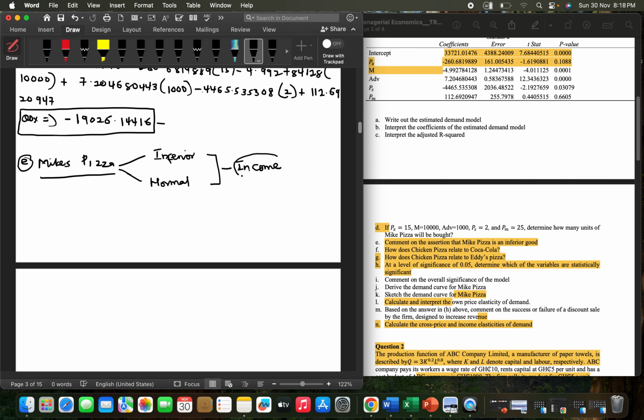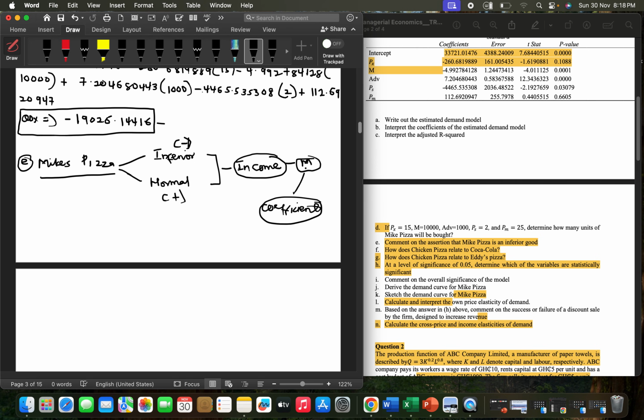Now with income, in the question, the variable for income was given as m. So I would have to check the coefficient of this m in the equation. If I check this coefficient and it's negative, it means it's an inferior good. If I check and it's positive, it means it's a normal good. So that's how we do it.